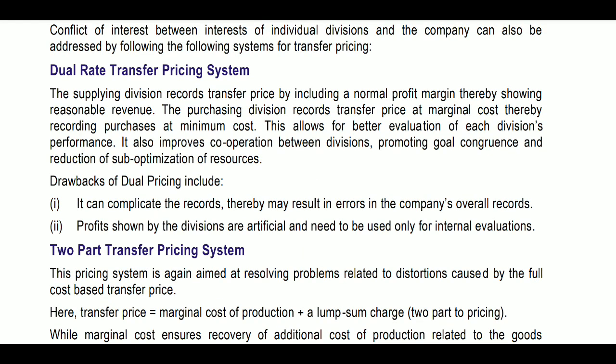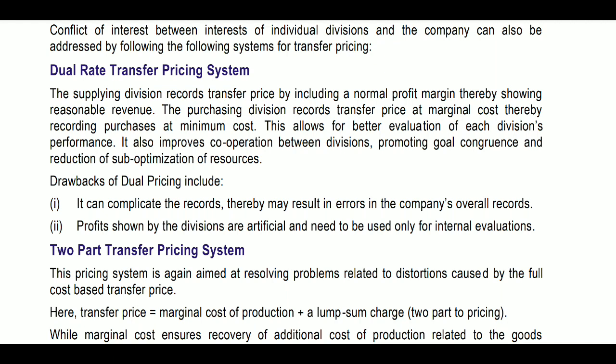The first method: the supplying division records the transfer price by including a normal profit margin, thereby showing reasonable revenue. Here, who is supplying? They will include the normal margin, and the purchasing division will record the transfer price at marginal cost, recording the purchase at minimum cost.